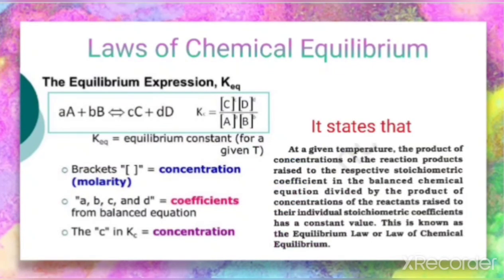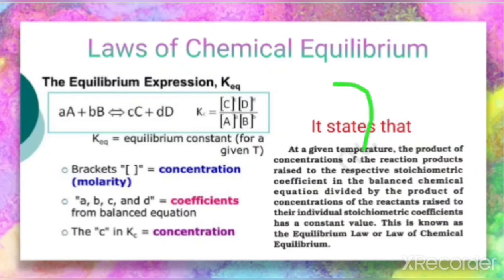So the law of chemical equilibrium states that at a given temperature, the product of the concentrations of the products raised to their respective stoichiometric coefficients in the balanced chemical equation, divided by the product of the concentrations of the reactants raised to their individual stoichiometric coefficients, has a constant value. This is known as the equilibrium law or the law of chemical equilibrium.